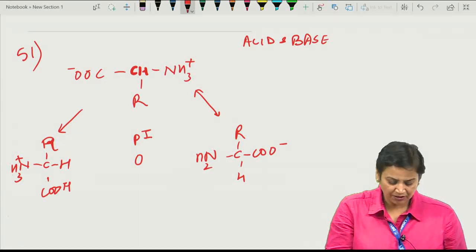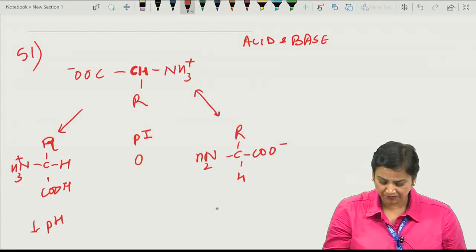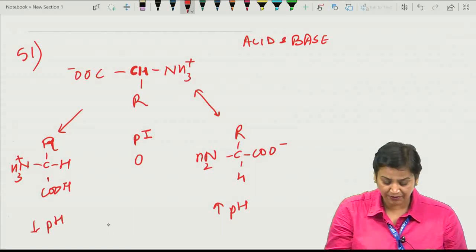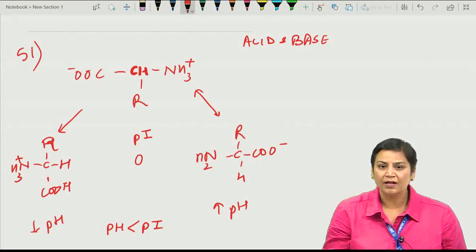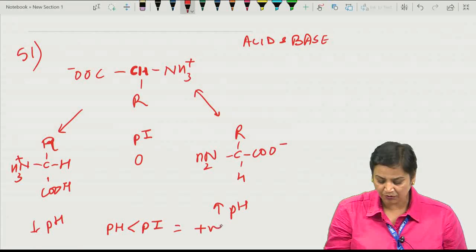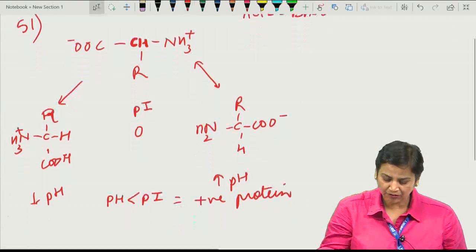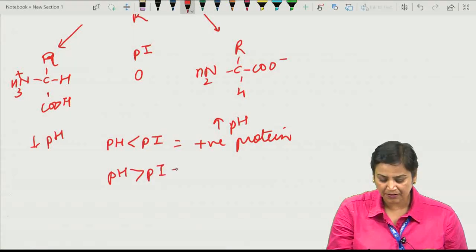So now see, this is decreased pH, that is acidic medium. This is increased pH, that is alkaline medium. Now if pH is less than pI, the net charge, as you can see, would be positive on a protein. On the other hand, if pH is more than pI, the protein will have a negative charge.